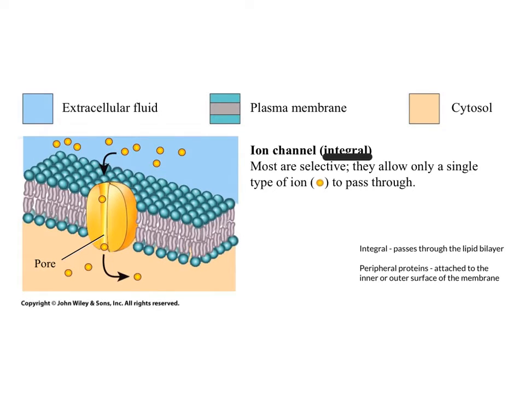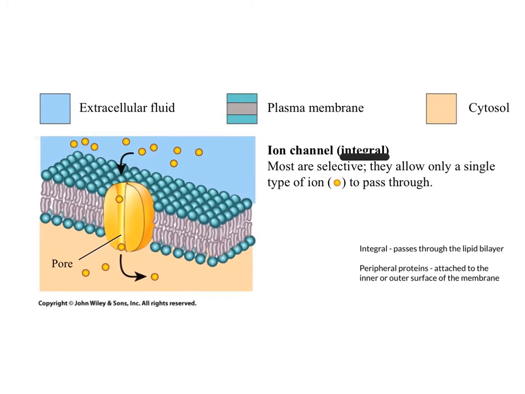Rather than being through the membrane, peripheral proteins will be on either side. So coming back to the ion channel that's shown on this picture, the ion channel is an example of an integral protein, and as you can see, it extends through that phospholipid bilayer. So you see it extending through, which is why they're calling it an integral protein.